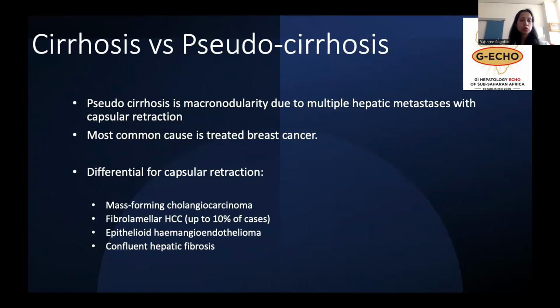The most common cause of this in our setting is treated breast carcinoma. But you also have a differential of capsular retraction, which includes mass-forming cholangiocarcinoma, fibrolamellar HCC, epithelioid hemangioendothelioma and confluent hepatic fibrosis. So in these instances, you should be mindful before calling these livers cirrhotic.